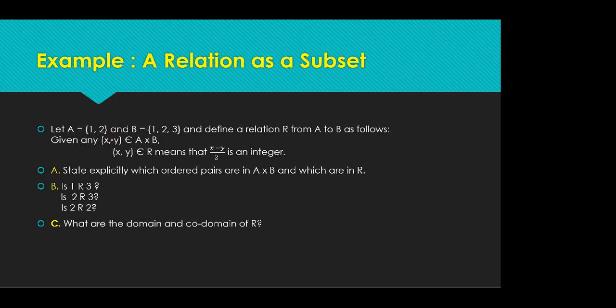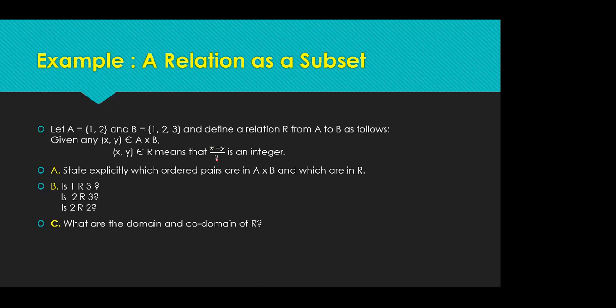Given any ordered pair XY, an element of the Cartesian product of set A to B, for an ordered pair to be an element of R, it means that X minus Y over 2 is an integer.